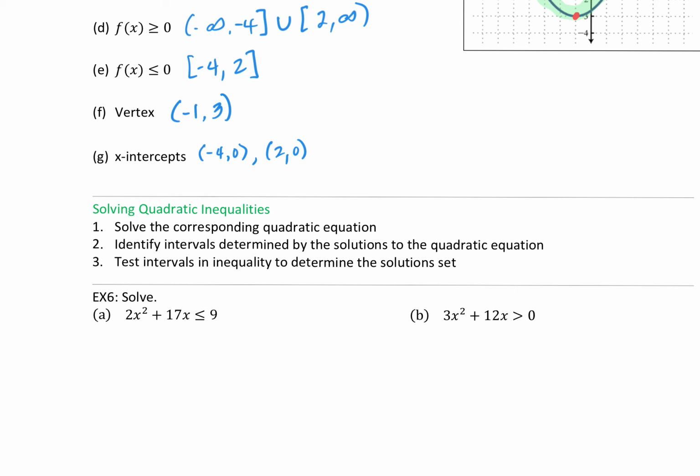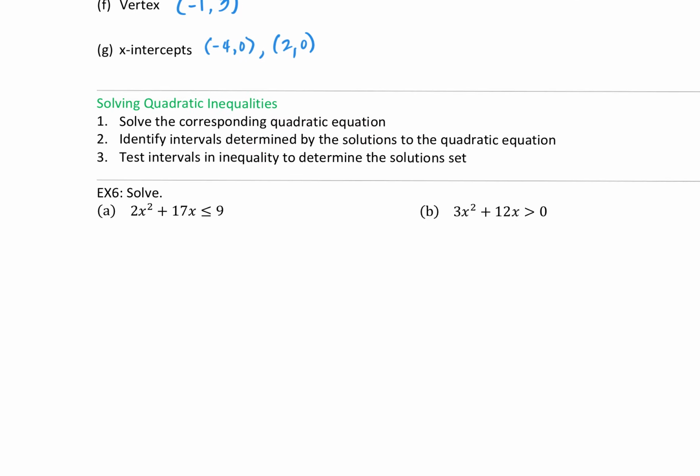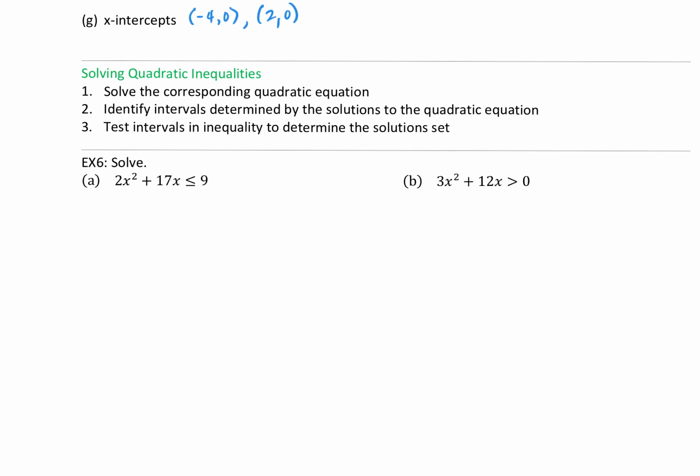Well, let's say that I want to figure out where quadratic functions are positive or negative, and I don't have a graph. Let's say I just have an equation. The steps that you want to take are to first solve the corresponding quadratic equation. That means you take the inequality, replace the inequality with an equal sign, and solve the equation like normal.